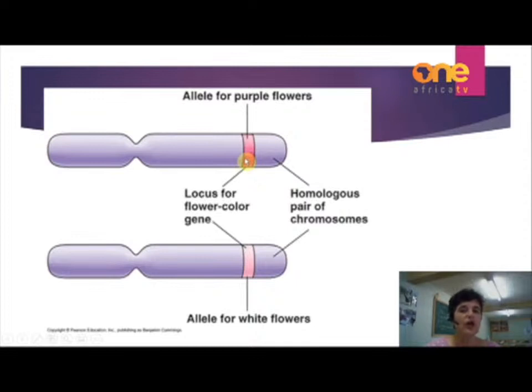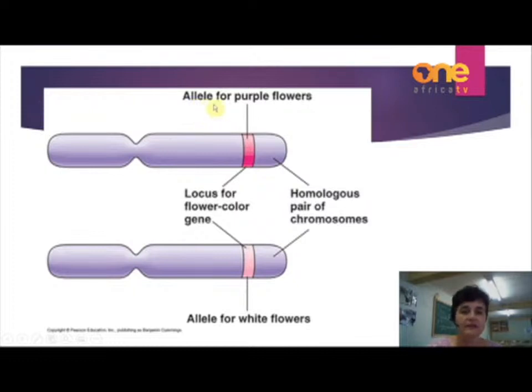Of course, this flower also inherits from its other parent a gene for the color of the flowers, but it has the gene for white flowers. Now I use the word allele.